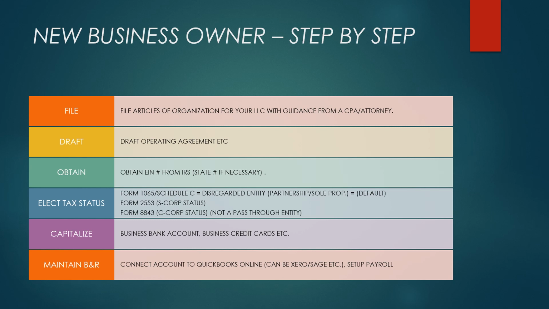The fifth step you would take is just to capitalize your business bank account once it's open. You filed your articles of organization, you got an EIN number, you go to the bank, you tell them what you're going to do, open up a business bank account using the business tax ID. If you already have substantial capital and you have good credit, you can look at a business credit card.